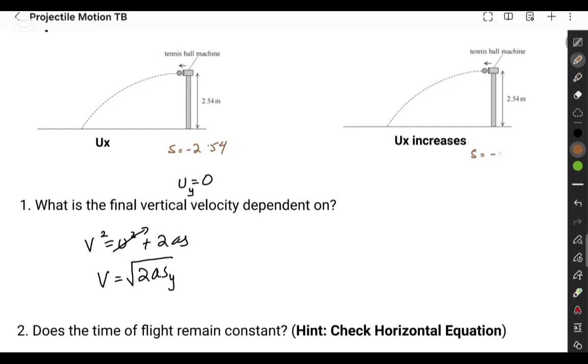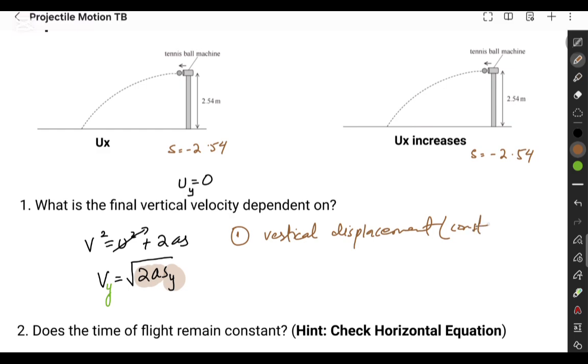I hope that's clear. So our 2a is constant and our vertical displacement is also constant. So our velocity in the vertical direction should be constant. Our vertical velocity is dependent on the vertical displacement, which we already know is constant.